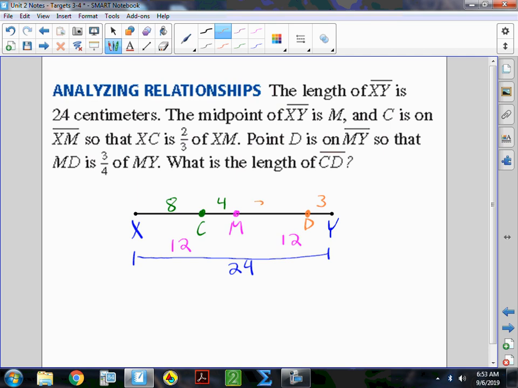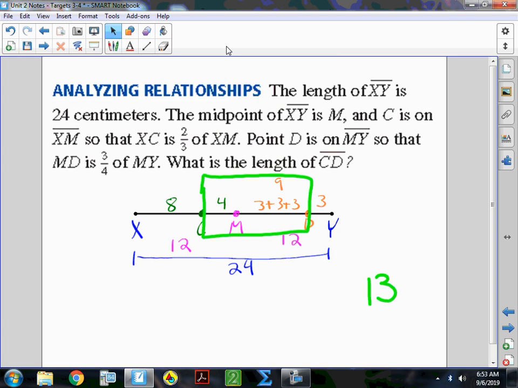And then the 3/4 will be 3 plus 3 plus 3, or 9. So 3/4 from M to D, 1/4 from D to Y. And the question is, what's the length of segment CD? So CD will go from here to here. So 9 plus 4 is 13.